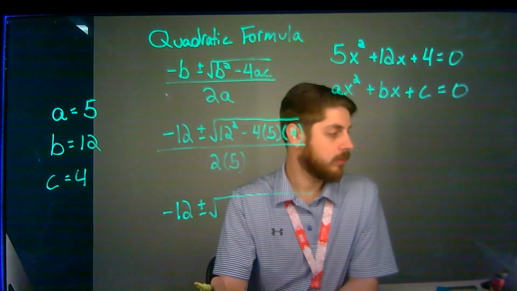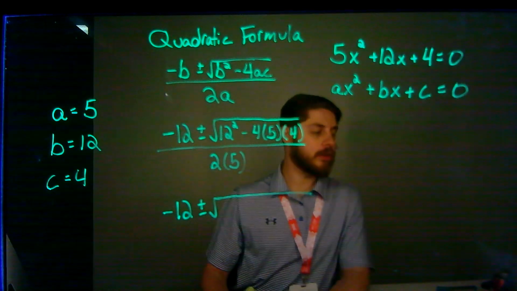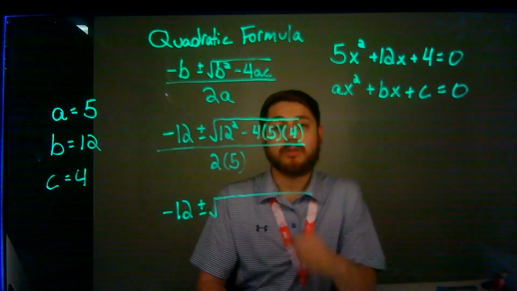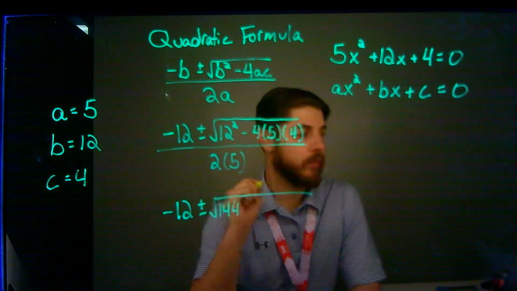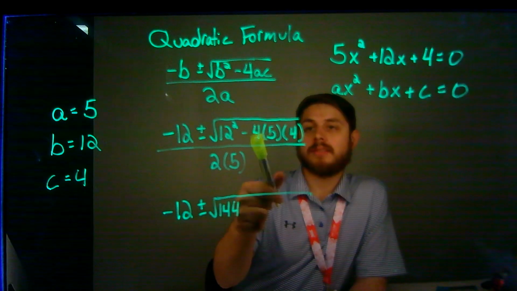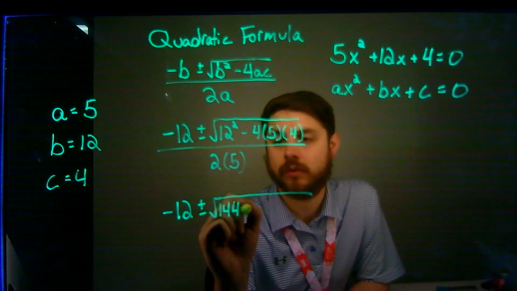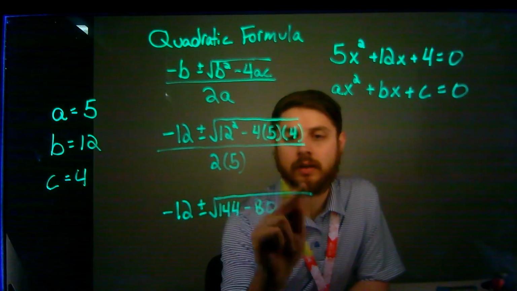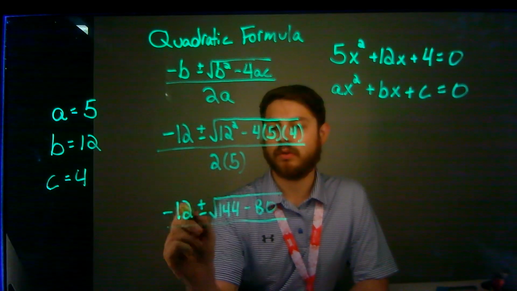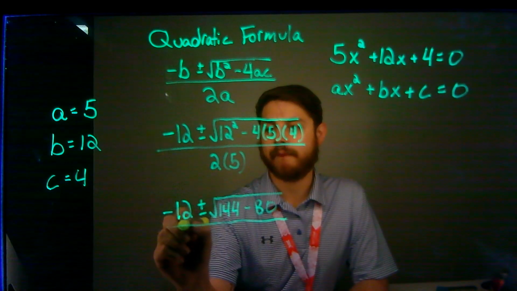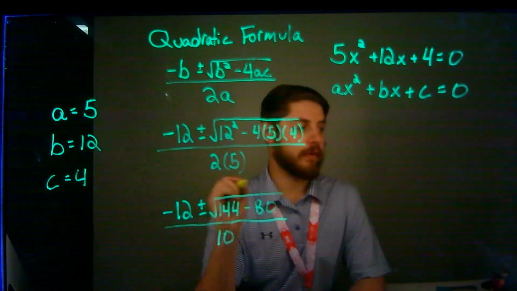So 12 squared, 12 times 12 is 144 minus 4 times 5 or 20. 20 times 4, 80. So 144 minus 80 all over 2 times 5 or 10.